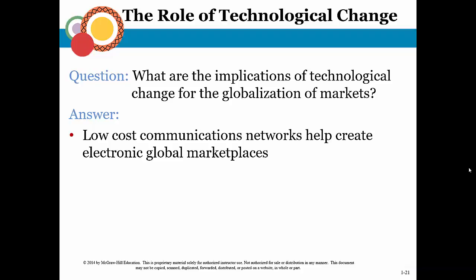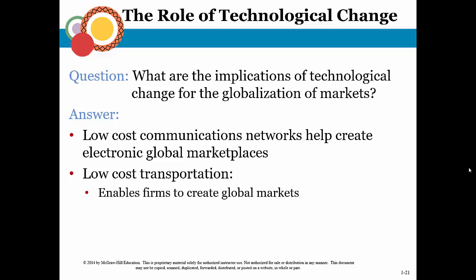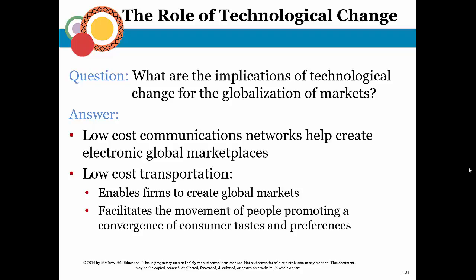Seeing them, interacting with them on a digital device happens on a regular basis, if you will. The cost of communication has drastically decreased. The cost of transportation has drastically decreased, which really enables firms to create global places and really facilitate movement of products, goods, and services.